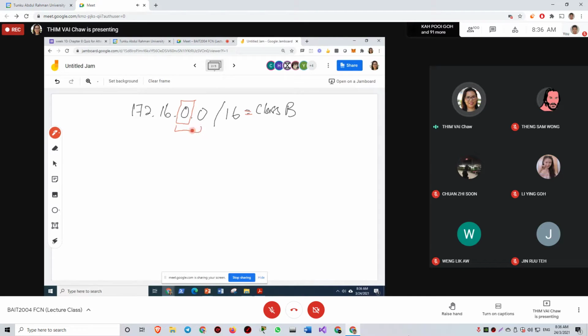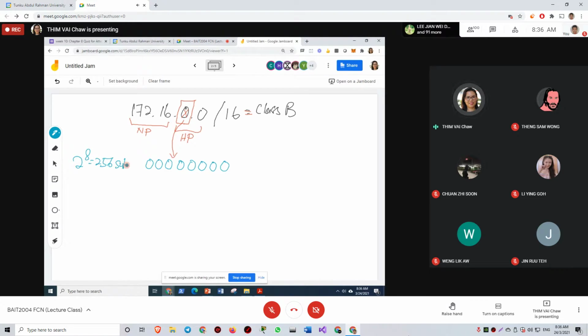Just now I mentioned this belongs to the host portion, and this one originally belongs to the network portion. When you borrow this particular byte to become a network portion, we expand it and look at the bits: 1, 2, 3, 4, 5, 6, 7, 8. So 2 to the power of 8, we have 256 subnets.